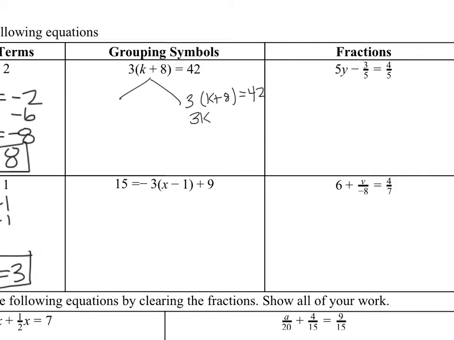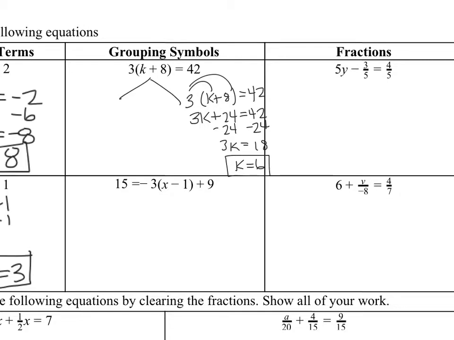So you're going to get 3k plus 24 equals 42. Subtract 24. So 3k equals 18. So k equals 6.